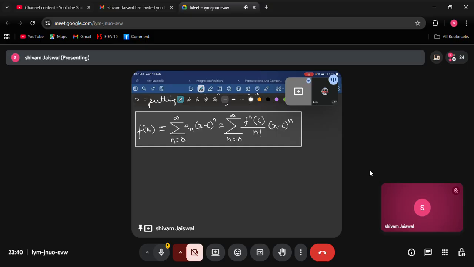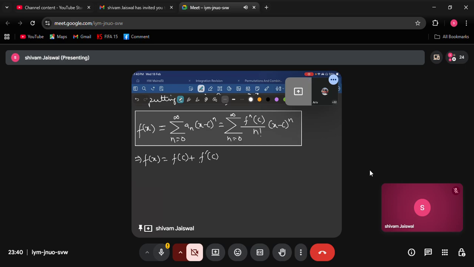So everyone, let us expand and see what we are getting in Taylor series. f of x will be equal to f of c plus f dash c by 1 factorial into (x minus c) plus f double dash c by 2 factorial into (x minus c) whole square plus dot dot dot up to infinity.